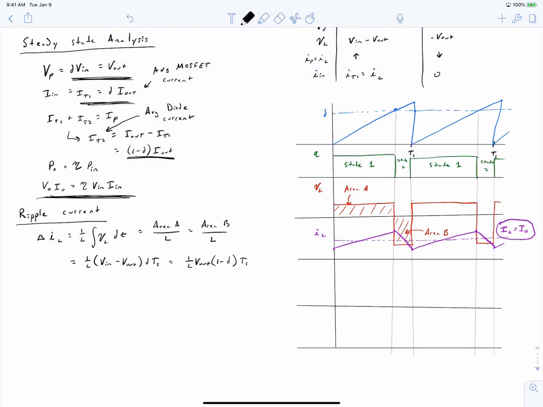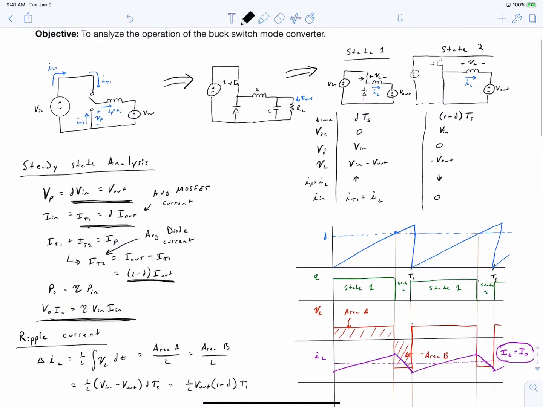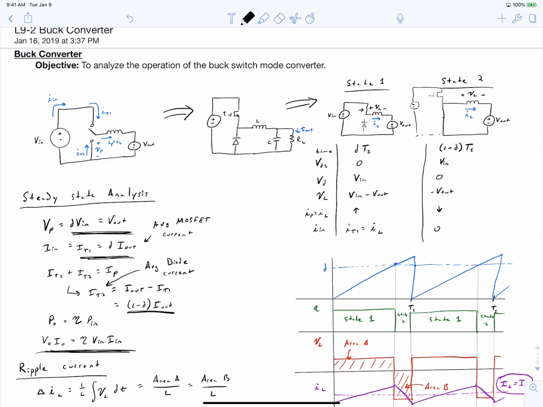Next, if it's important to us, we can also analyze the current going into the capacitor. So for this analysis so far, we've been considering our output load to be an equivalent voltage source, Vout. But in actuality, it's presumably a capacitor combined with a resistor, where the capacitor acts like a filter to stabilize our output voltage. So this analysis so far has required our output voltage to be perfectly stable.